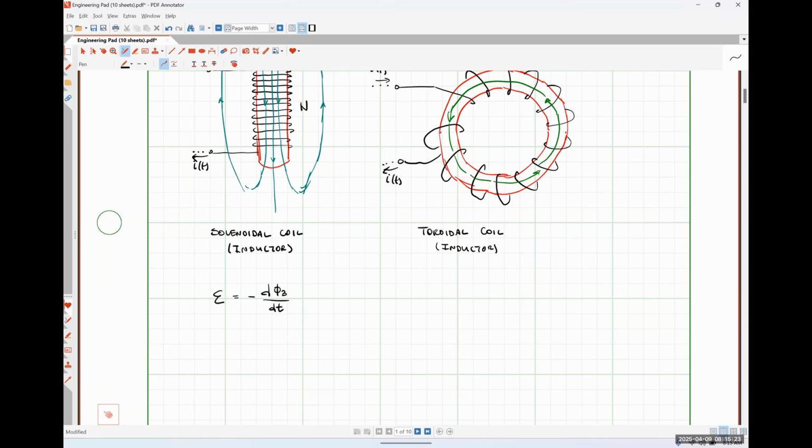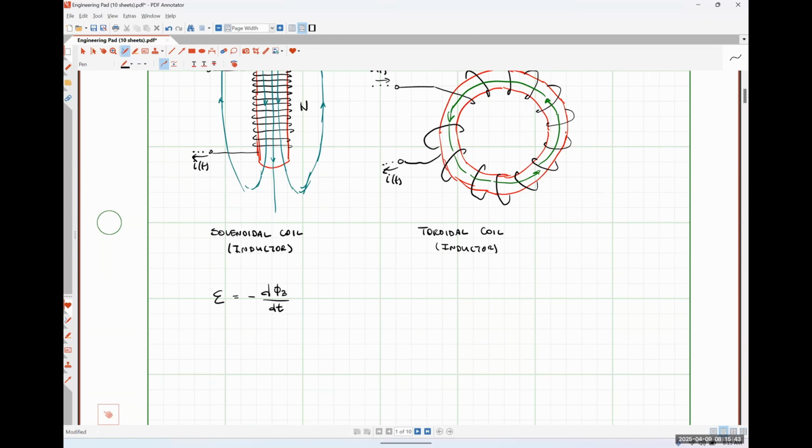So essentially, if I have a magnetic flux that's changing as a function of time, I am going to induce an electromotive force. Electromotive force is just a fancy physics word for voltage, and the physics department would be really pissed off at me saying it that way.